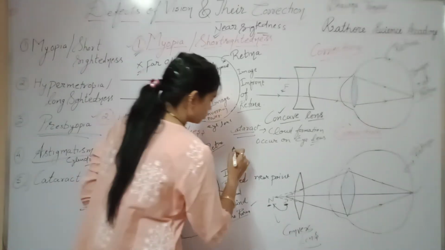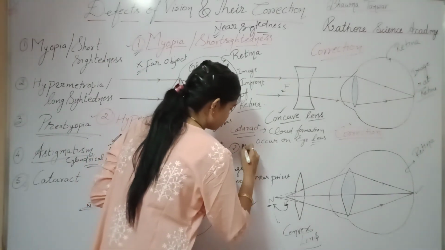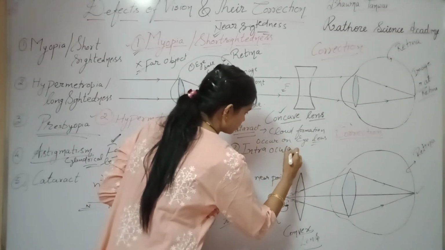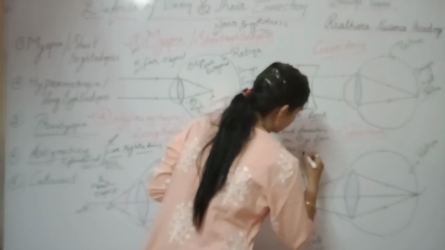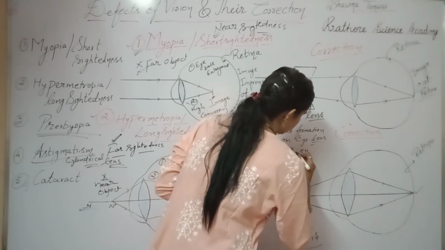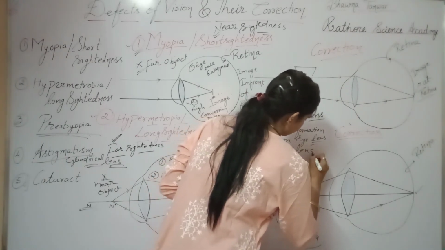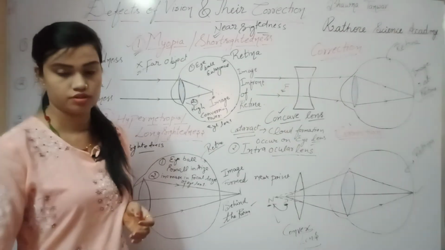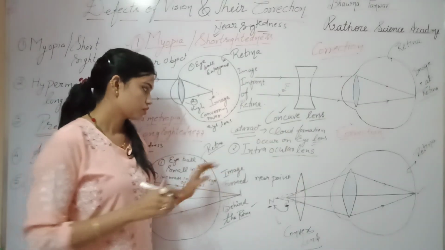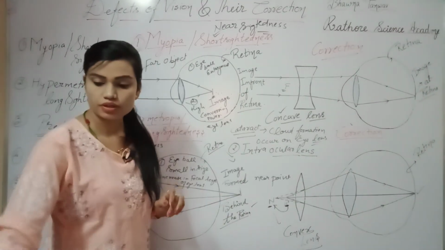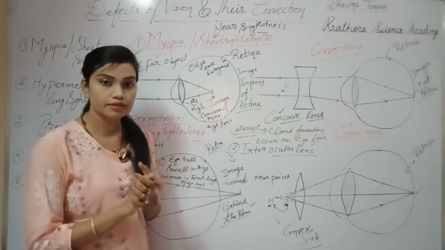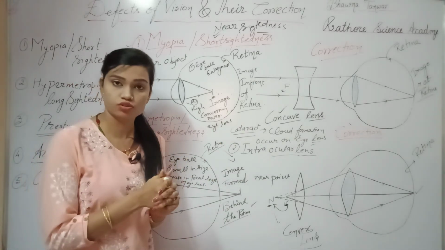And the second thing, nowadays intraocular lenses are used for cataract, right? So if someone asks which kind of lenses are used in cataract, you can say intraocular lens.